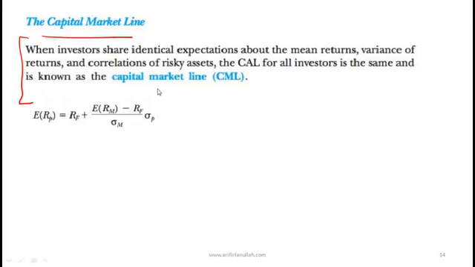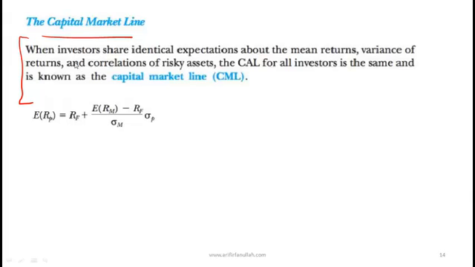Now if you move into a more theoretical world where we assume that everybody has homogeneous expectations, i.e. everybody has the same expectation about expected return, variances, covariances, etc., then the CAL becomes the CML.